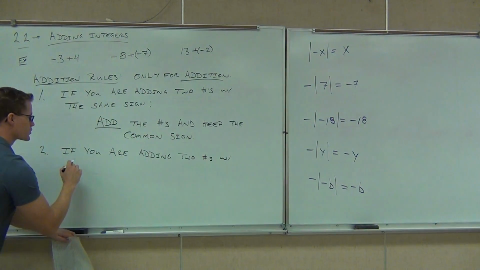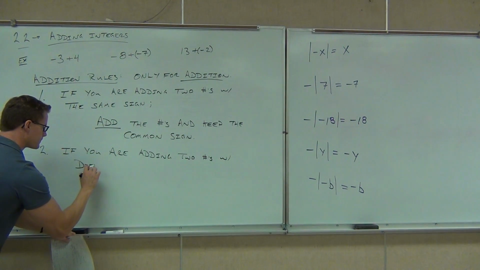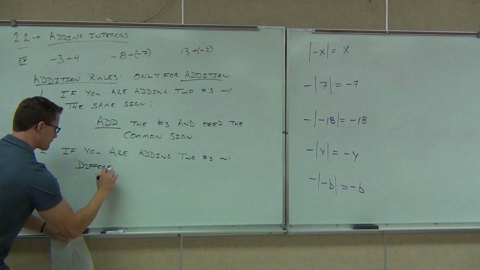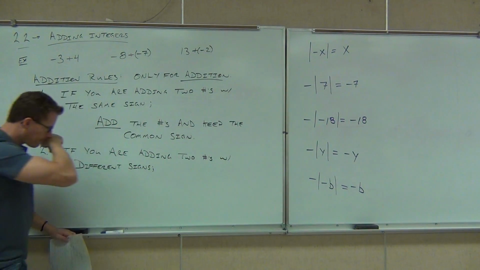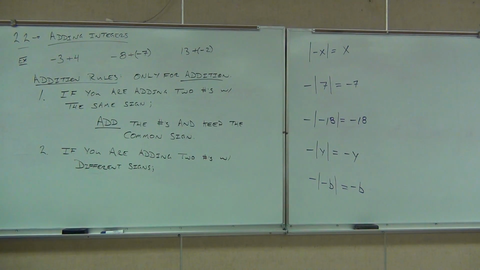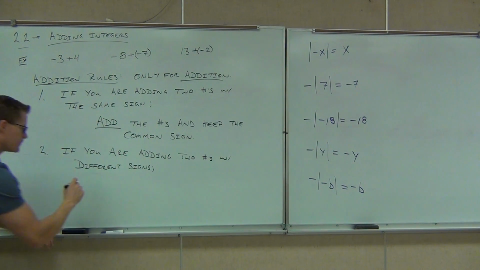If you're adding two numbers with different signs, you're going to subtract the numbers and keep the sign of the bigger number.